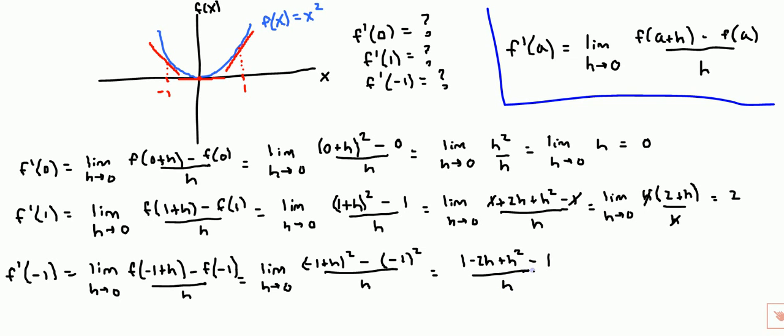The 1's go away. Oh, sorry, this is a good example, you always need to keep writing these limit signs, and I forgot to write the limit sign right here.